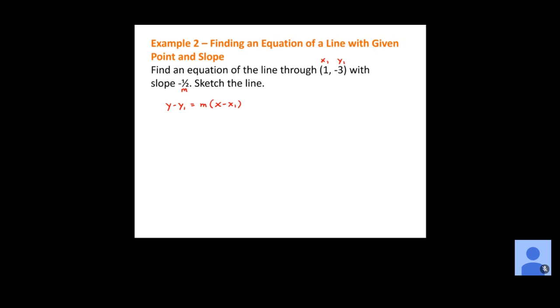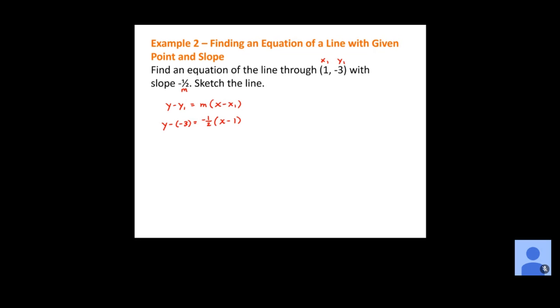So now we just substitute. The y value stays y, minus the y1 value, which is negative 3. And that's going to be equal to the slope, which is negative 1/2, times x minus our x1 value, which is just 1.